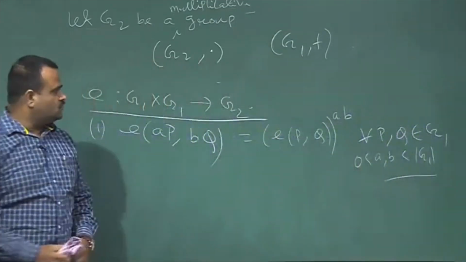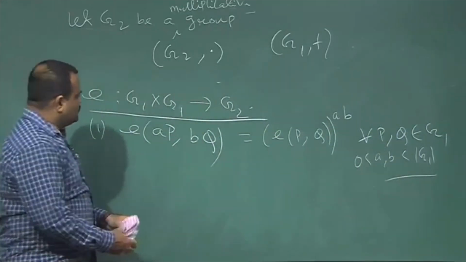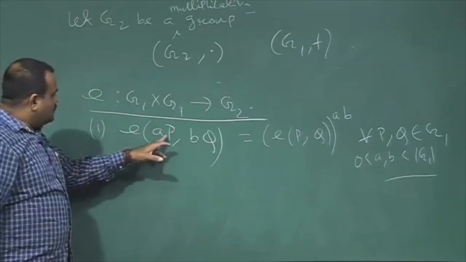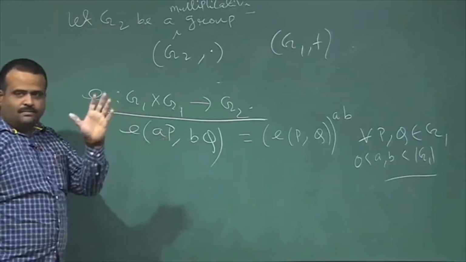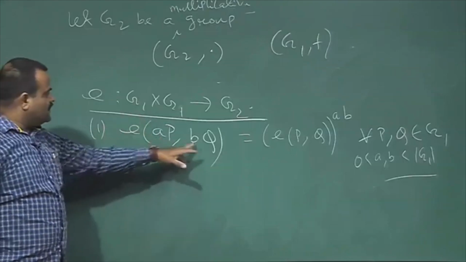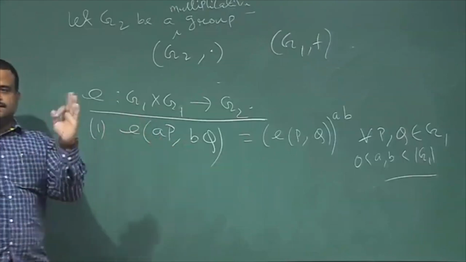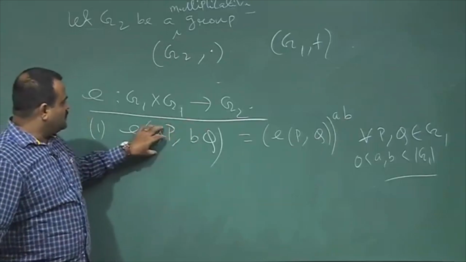If this is true for all such a, b. So P, Q are elements from G1. aP means P plus P plus P, a times, and bQ means Q plus Q, b times. So these are two elements in G1.